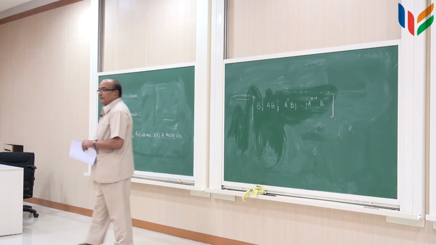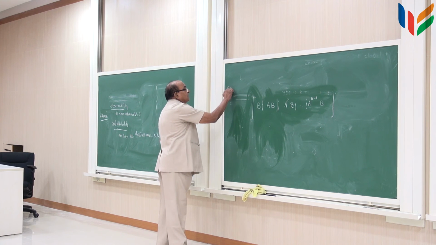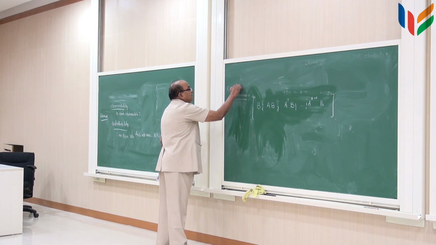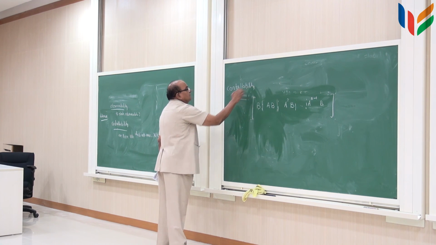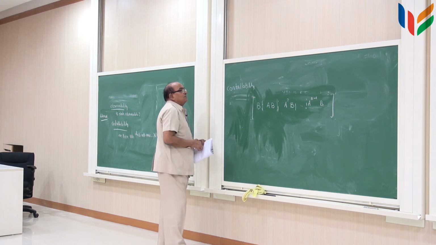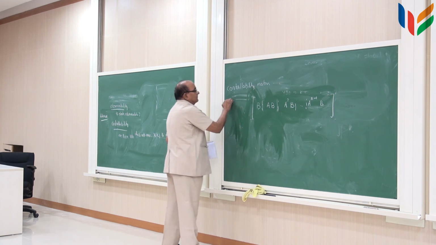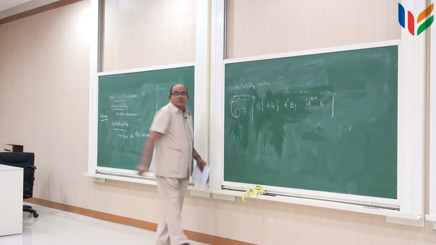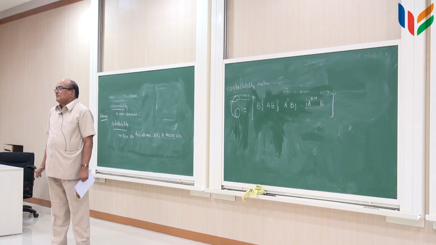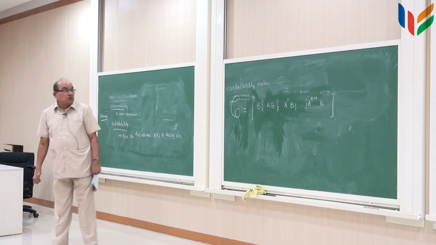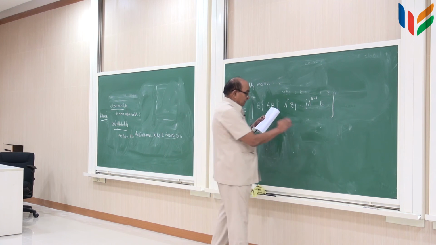This matrix is called the controllability matrix. So, this matrix also must be of rank equal to n.